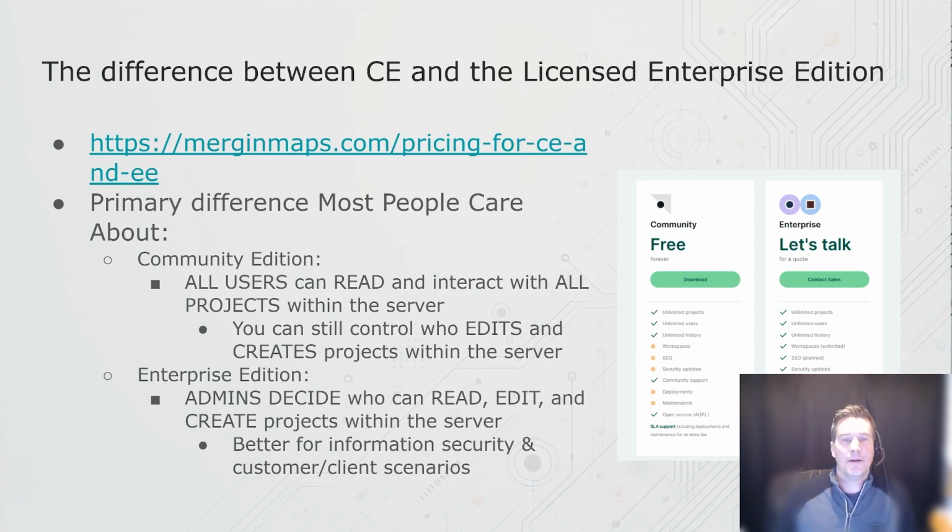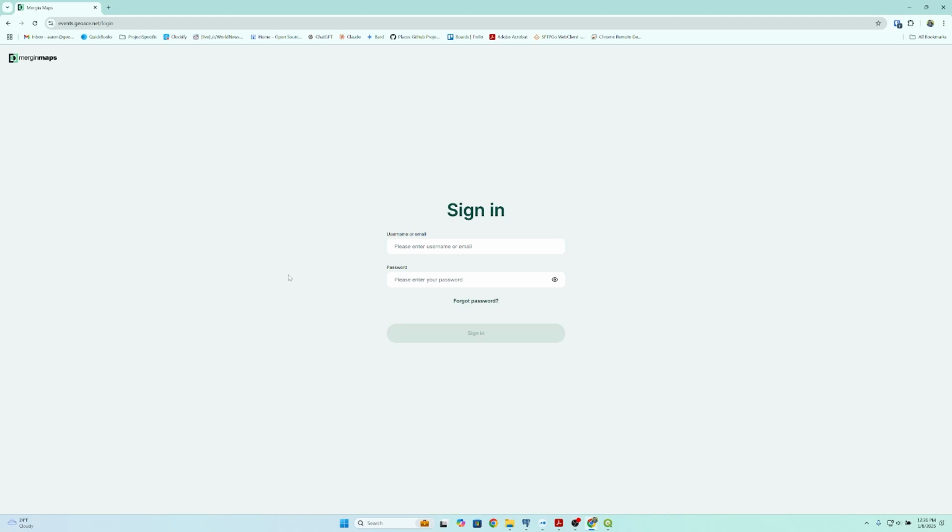So if you need to have different separate departments or things like that, then look into the Enterprise Edition. If it's okay that everybody in the server reads the information, then absolutely stick with the Community Edition.